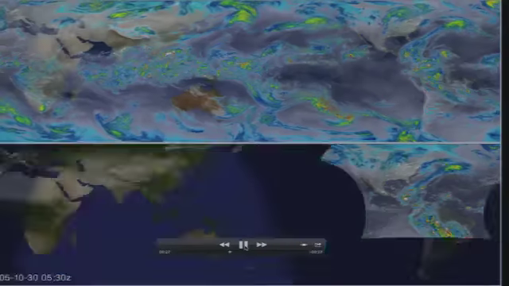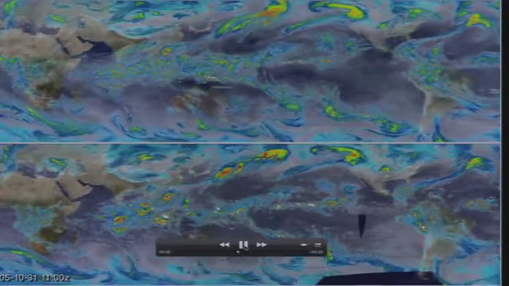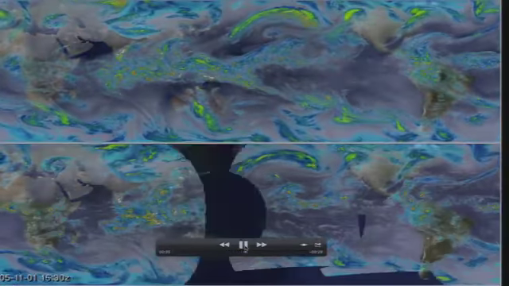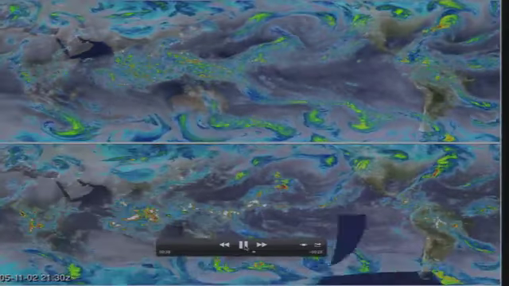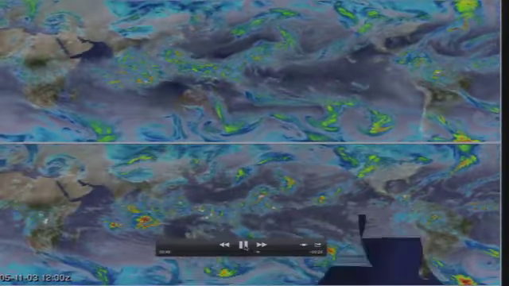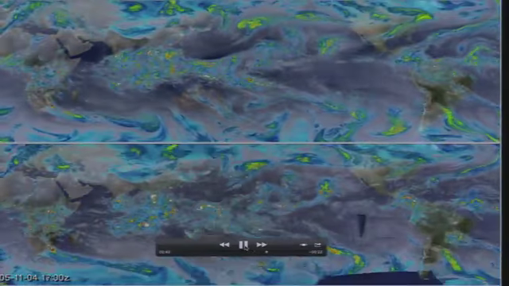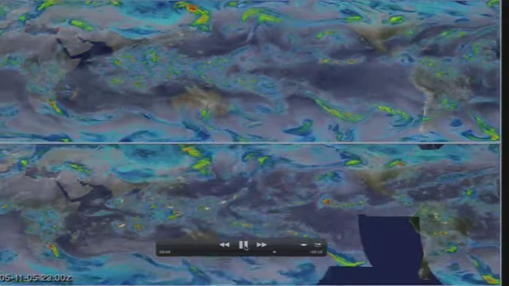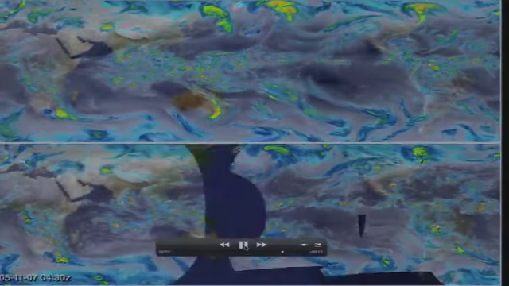What's on the screen, on the upper panel, is a global simulation using our flagship climate model. The lower panel shows the global stationary satellite observation.